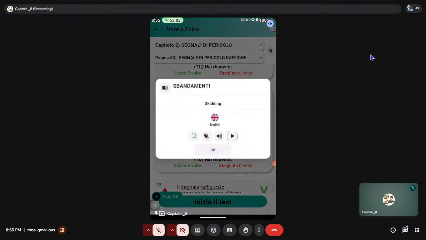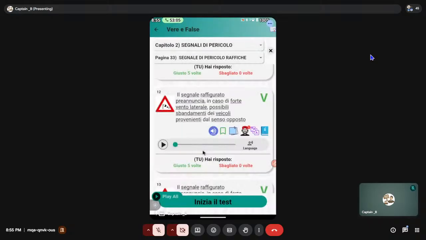Sbandamento meaning skidding. What you mean by skidding is that it will be pushing the vehicle coming from the opposite direction. So if this road is doppio senso di circolazione, and you are coming from this side, another vehicle is coming from the opposite direction. If the wind is coming from the other direction, the wind will be pushing the vehicle towards your direction.